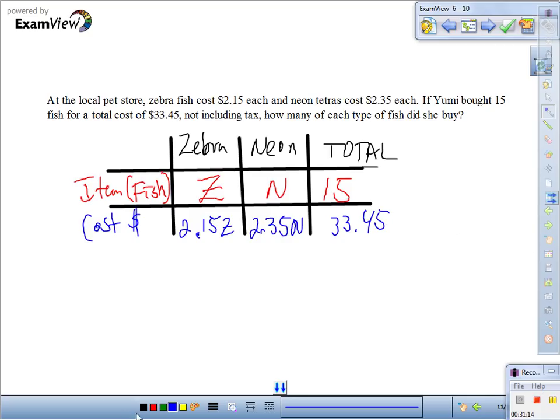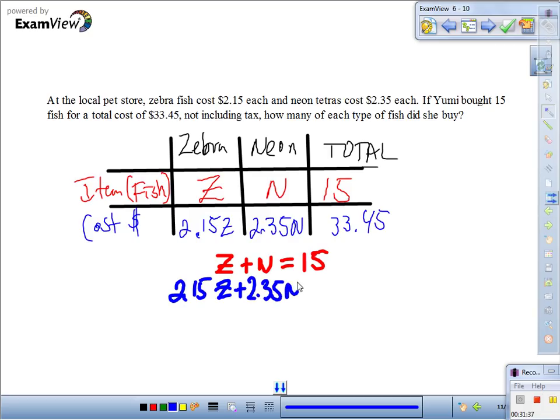Yes. So then our system is Z plus N equals 15, and then 2.15Z plus 2.35N equals 33.45. Let me zoom in.